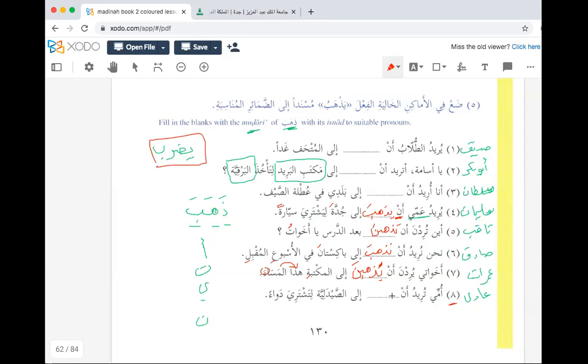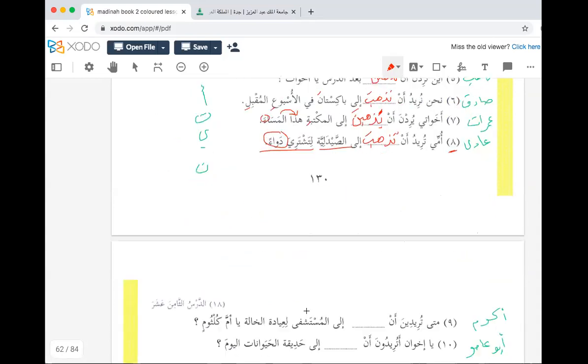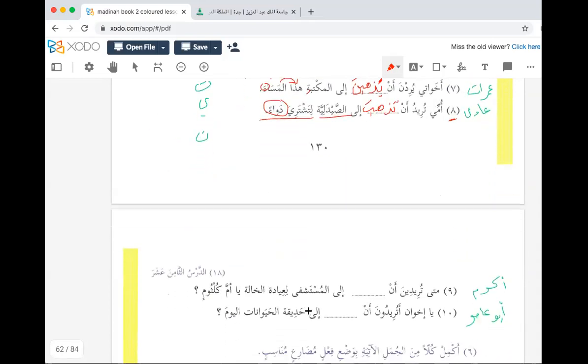So my mom wants me to go. لا. أن تذهب. أحسنت. أمي تريد أن تذهب إلى صيدلية pharmacy لتشتري دواء. تشتري دواء مفعول به منصوب. Get it? نعم. التاسع.